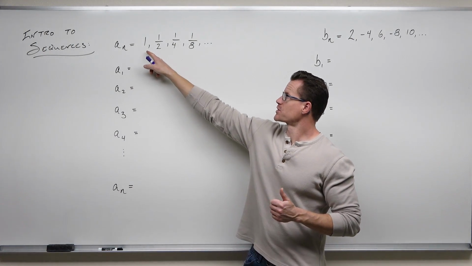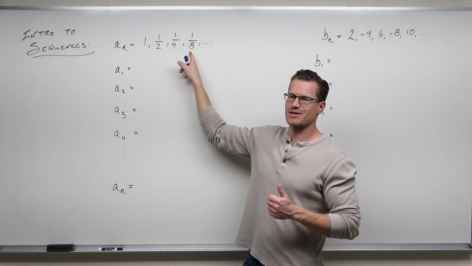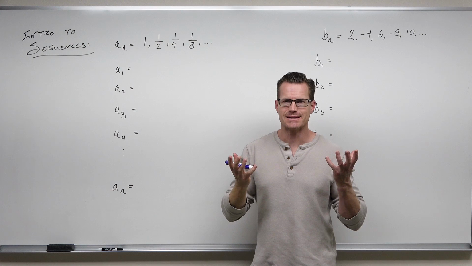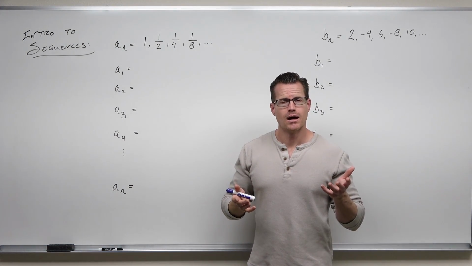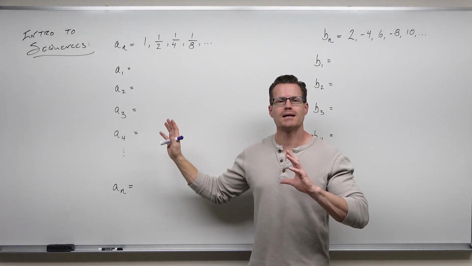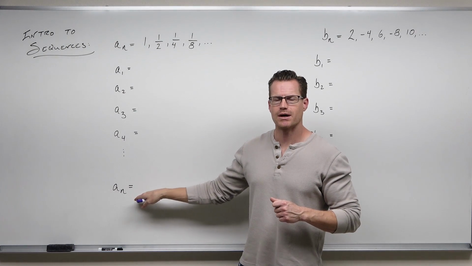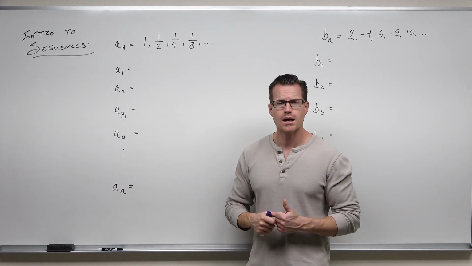So if that's your first term and I said, find the 100th, 1, 2, 3, here's the 4th, and you go, I don't want to find like 96 more terms to just find the 100th term. That's crazy. I want to spend the time to find the pattern, relate the pattern to the index, and in doing so, you find the general term. If I can find the general term, I can plug in any number and then find the 100th term very, very easily. That's the idea.